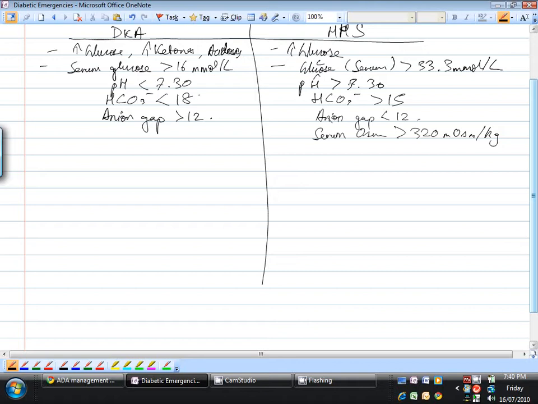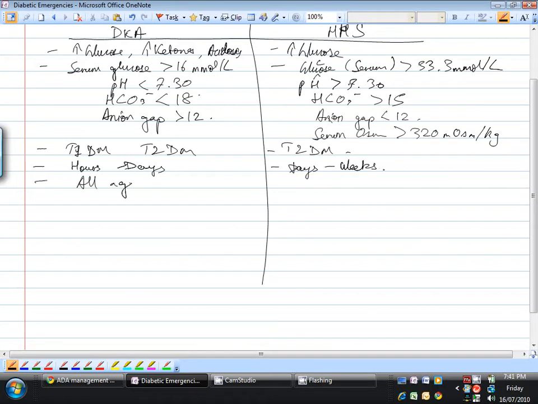Now, DKA is usually seen in type 1 and type 2 diabetes, mostly in type 1, but also in type 2, whereas HHS is usually seen in type 2. And while DKA has a rapid course from hours to days, HHS usually takes much longer, days to weeks actually. And DKA affects patients of all ages, whereas HHS is usually in the older individuals.